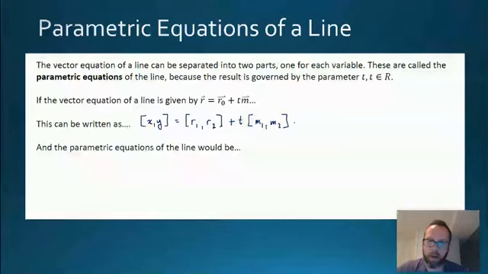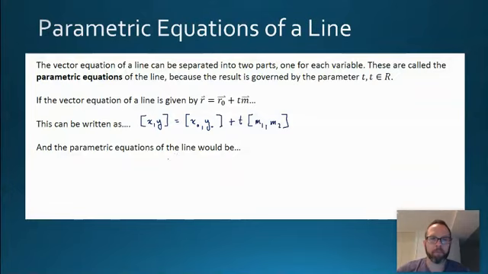I'm going to choose something different, just to be consistent with the notation I've been using. I'm going to use r naught is (x naught, y naught), so that initial point on the line.